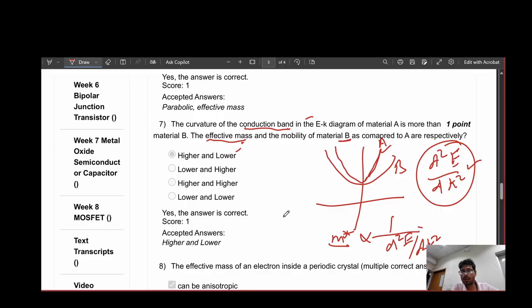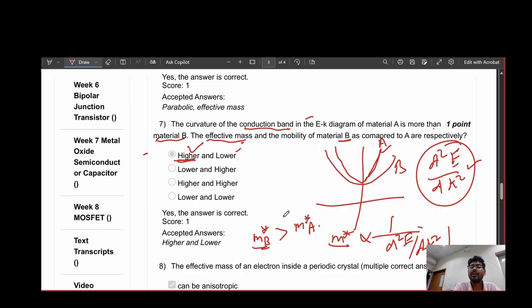Material B has less curvature, so the effective mass of B, m star B, is greater than m star A. The effective mass of B is higher.